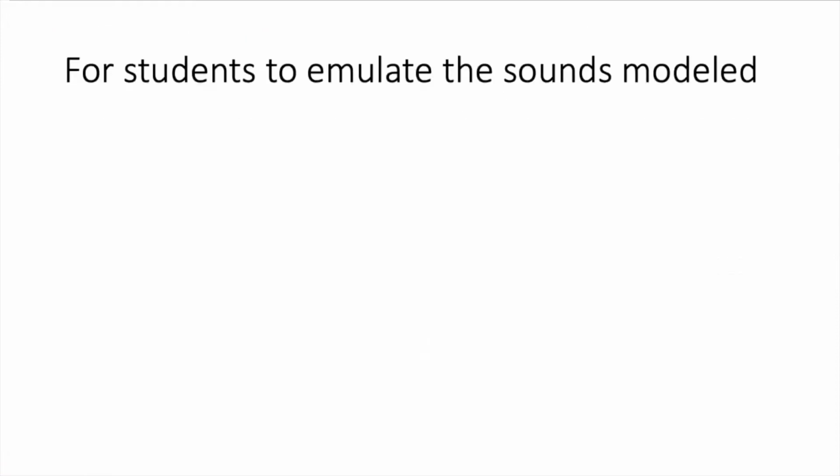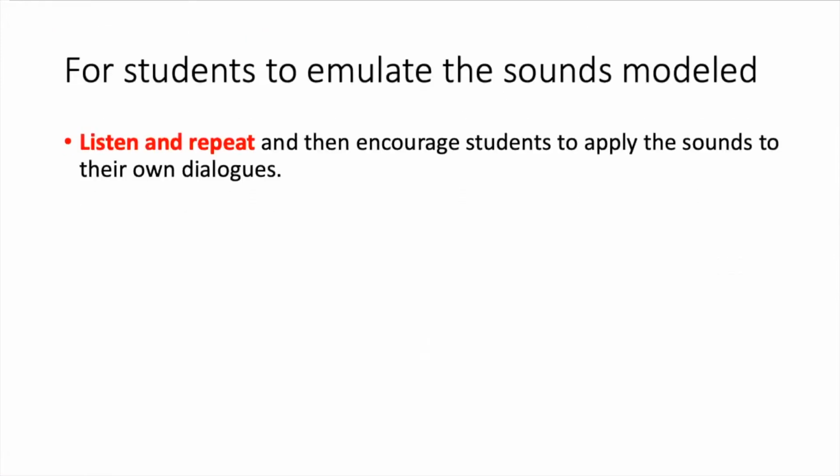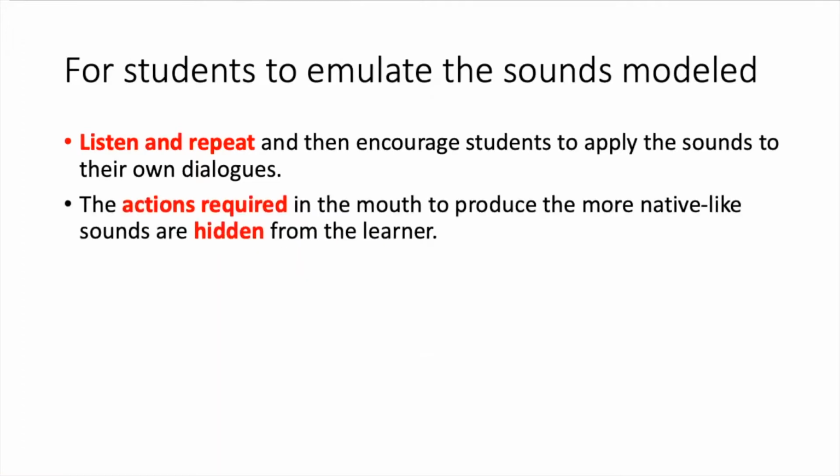So for students to model these sounds, we can obviously work on listen and repeat. That's useful, but you need to work out how to provide the right sounds, especially the hidden sounds which the learners do not actually notice.